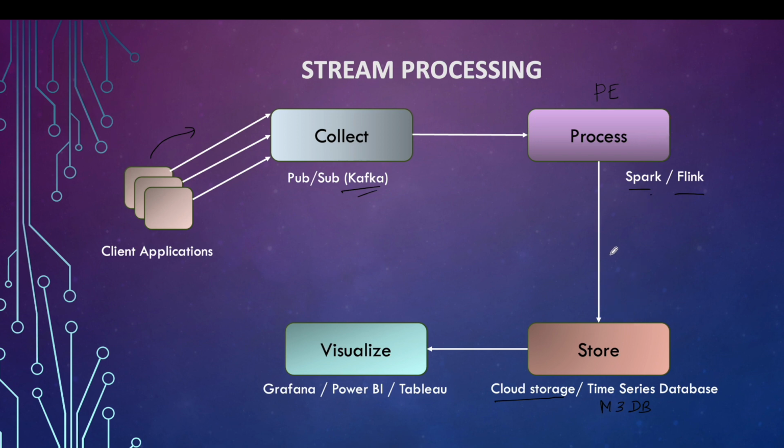If you're doing some kind of simple ETL, you can also say continuous ETL, where you are continuously reading the data from Kafka, doing some processing, and storing the data into some cloud storage. It's called continuous ETL, where you're not doing a lot of analysis but rather storing it into some kind of sink.